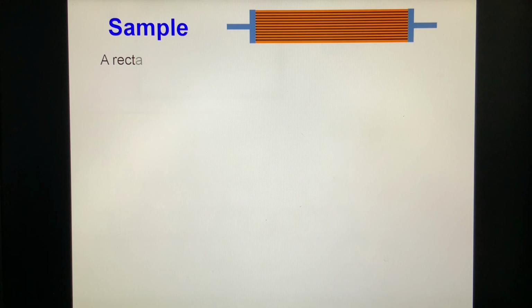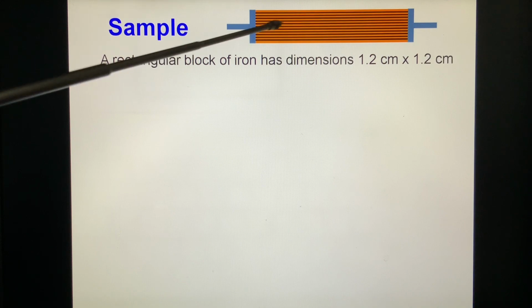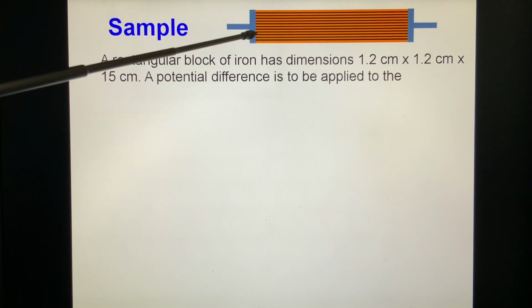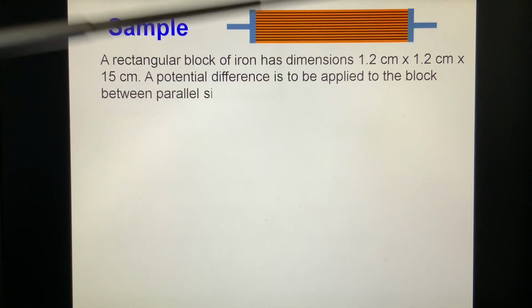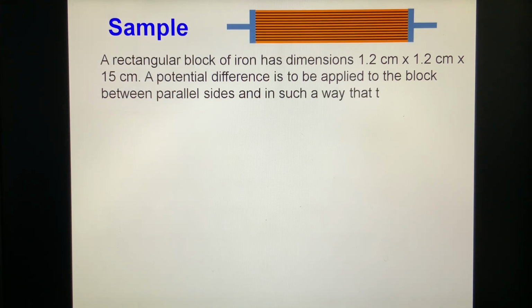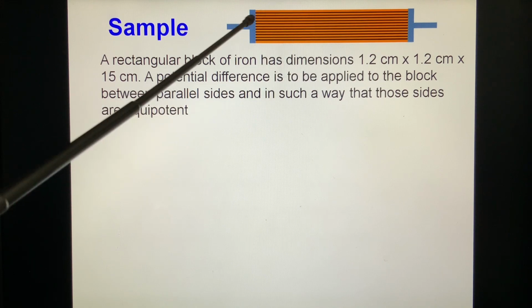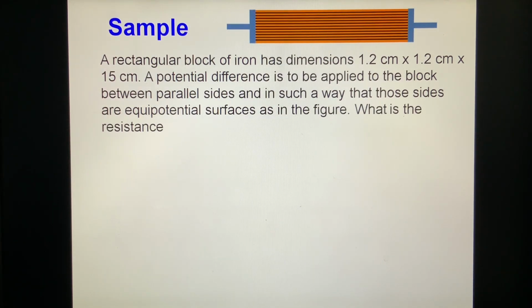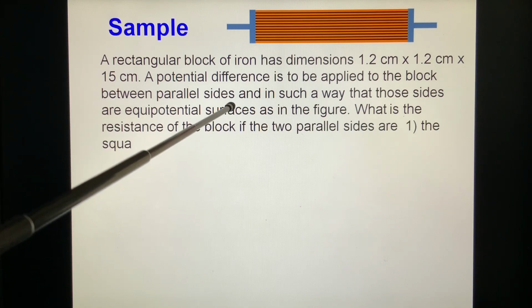Sample. A rectangular block of iron has dimensions 1.2 centimeter times 1.2 centimeter times 15 centimeter. A potential difference is to be applied to the block between the parallel sides, in such a way that those sides are equipotential surfaces, as in the figure.